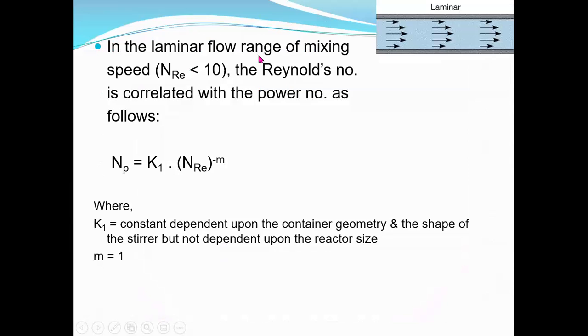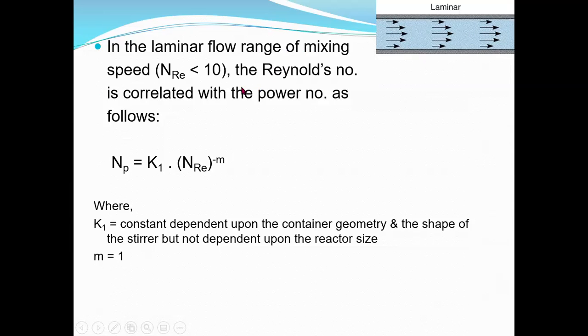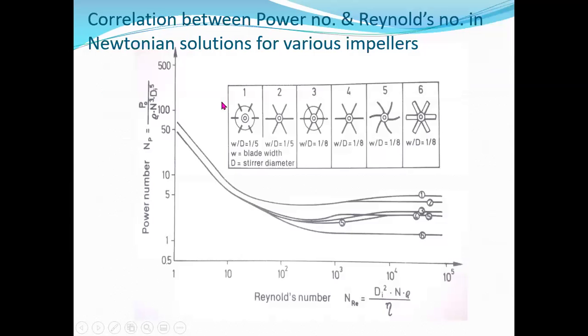In the laminar flow of mixing, laminar flow means the flow is in just one direction. It is not turbulent. In this case, when the Reynolds number is less than 10, there is a linear correlation between the power number and the Reynolds number.